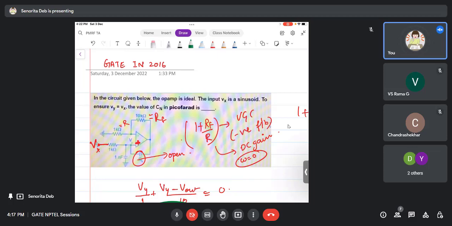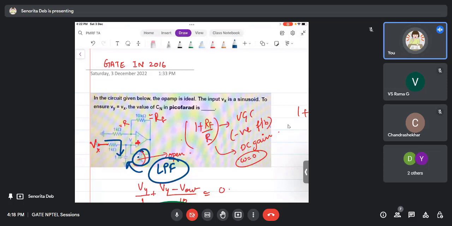Don't care about that 1 nanofarad much. This one is basically a low pass filter, and this cap also aids this low pass filter action. So this is basically a designed non-inverting low pass filter. Okay, this is not an oscillator circuit.